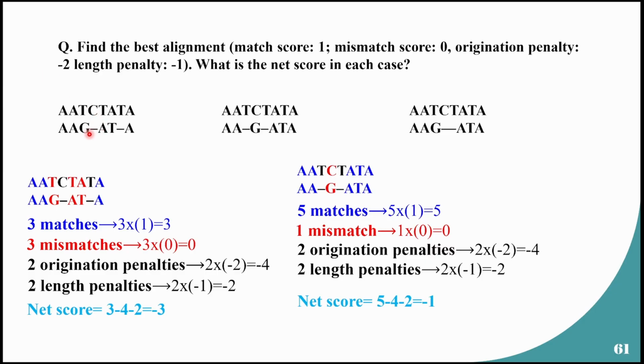So, for example, on the left-hand side, one gap is originating here and another gap is originating here. So it will have two origination points for gaps and two origination penalties. However, in the sequence alignment on the right-hand side, only one origin point for gaps is there, and the next gap is just subsequent to the previous one. So that is not counted towards the origination penalty. Okay. So in this case, it will only have one origination penalty.